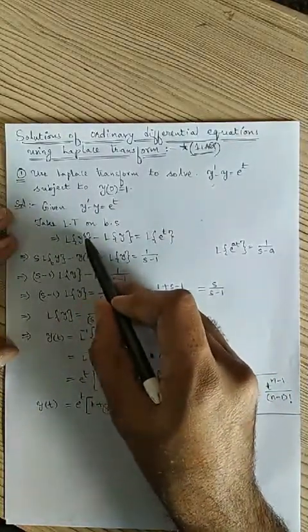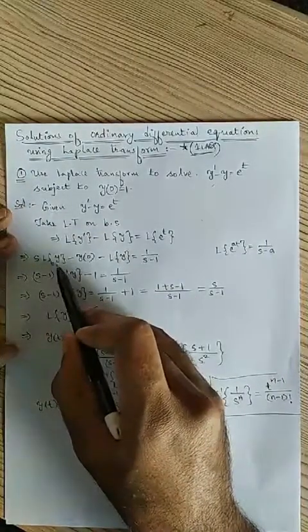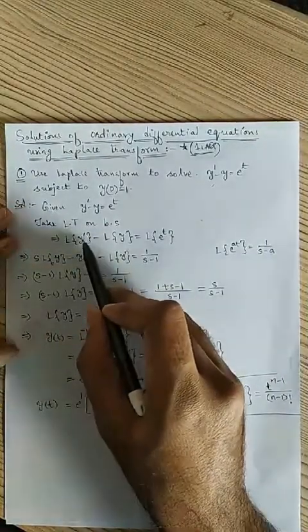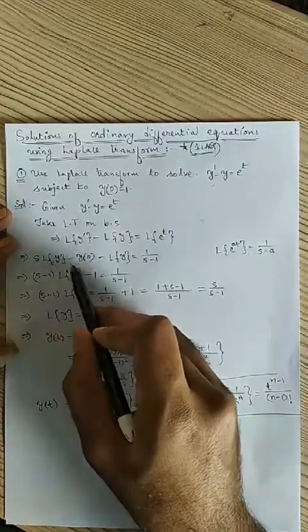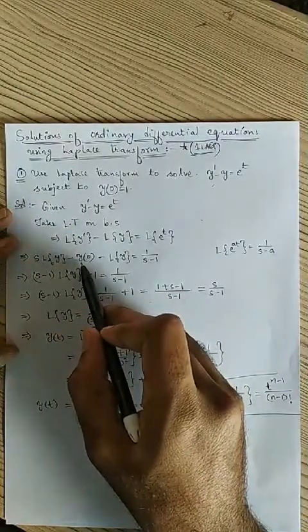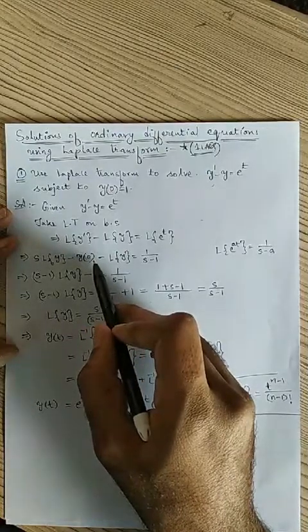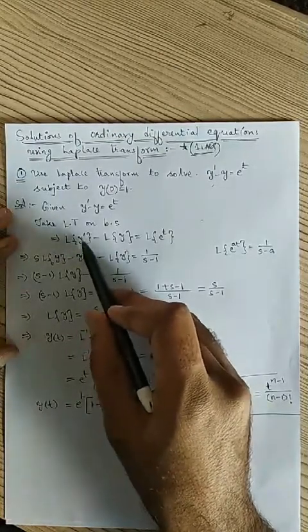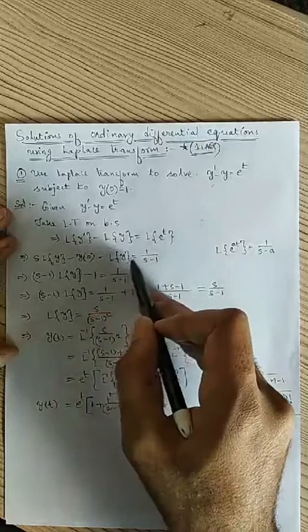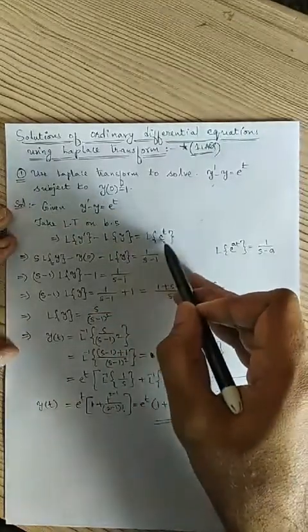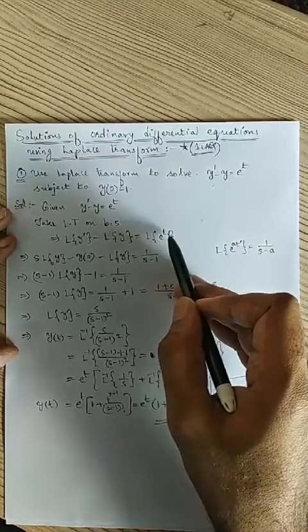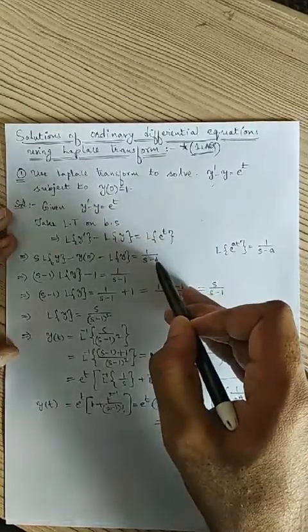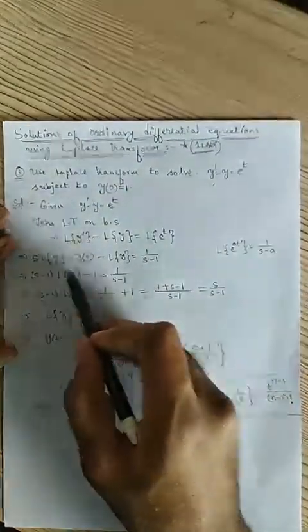Appropriate formula: if it is first order, then s into Laplace transform of y minus y of 0. If it is second order, then s square into Laplace transform of y minus s into y of 0 minus y dash of 0. Like that we have to expand this derivative. Then this one as it is, and right hand side whatever the function is there, according to that we have to find the Laplace transform. Here e power t is there, so we will get 1 by s minus 1. Then we have to use the conditions and simplify this equation.